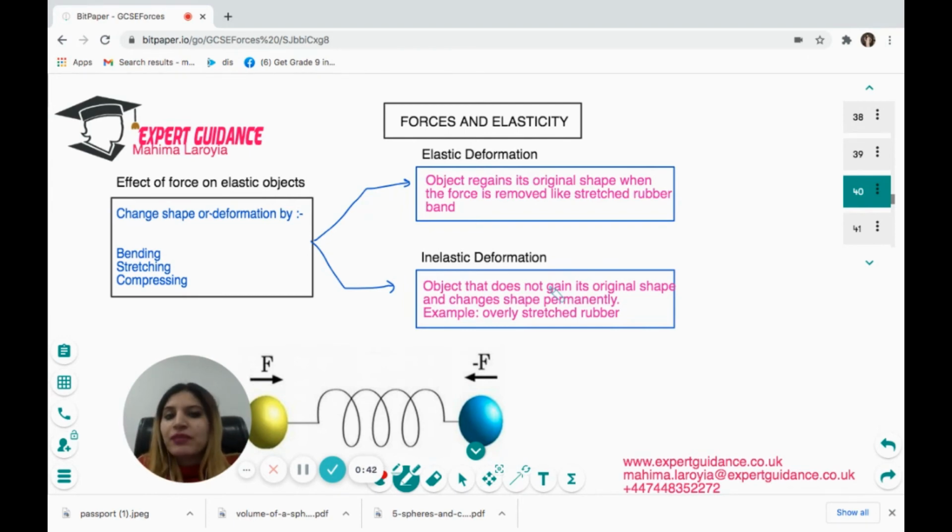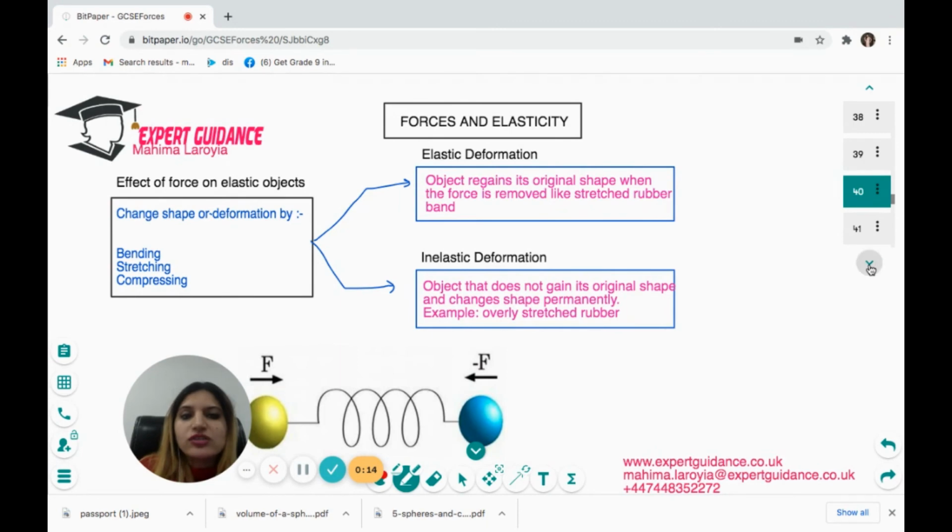The deformation could be elastic, so when the force is removed, the object regains its original shape. That is known as elastic deformation. Inelastic deformation is when the object does not regain its original shape and changes shape permanently after the force is applied, for example an overly stretched limit.